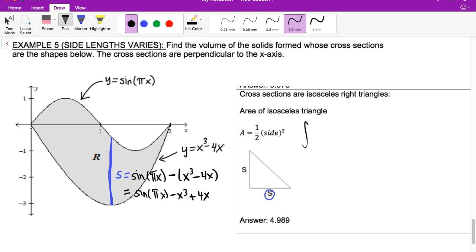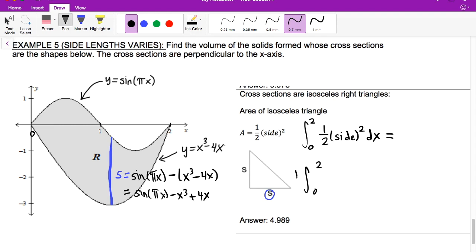And I'm going to write the integral statement now. I'm going to integrate from the smallest x value, in this case 0, to the largest x value, that's 2. The area for the cross section is 1/2 side squared dx. Since we have the expression for the side length, I'm going to fill that in.